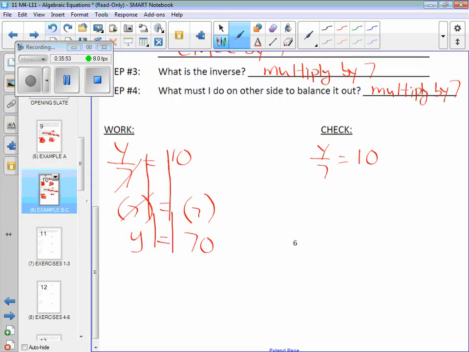Where you see a y, I'm now going to put the 70. Okay, so now we got to evaluate the left side because it's not in standard form. Tris, what's 70 divided by 7? It checks out, doesn't it? That proves our answer that y is equal to 70.